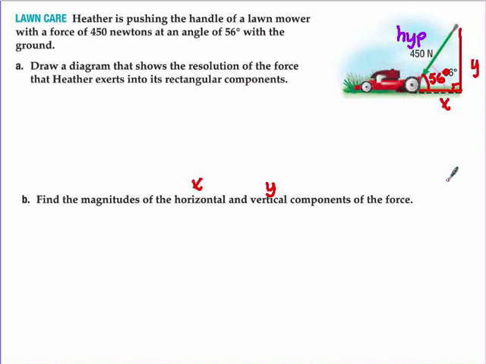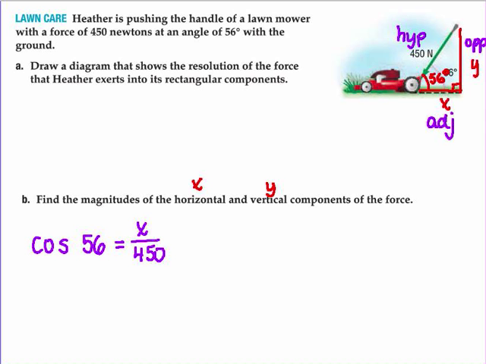Adjacent. What side is Y? Opposite. So what trig function will be used to find X? Cosine. Yep. So cosine of 56 equals x over 450. Now all I need to do is solve that.